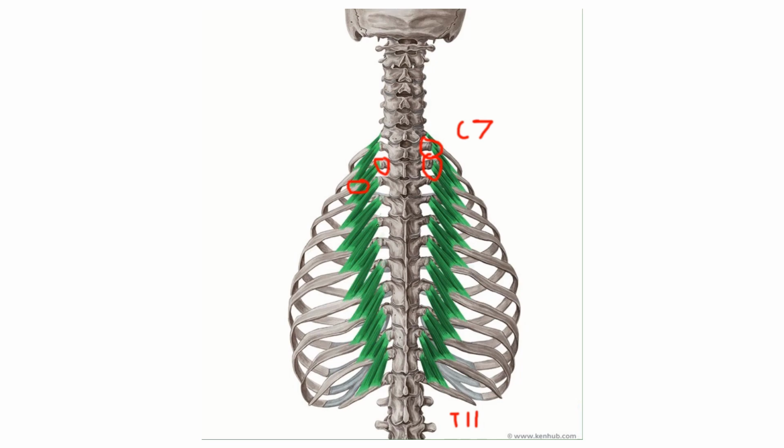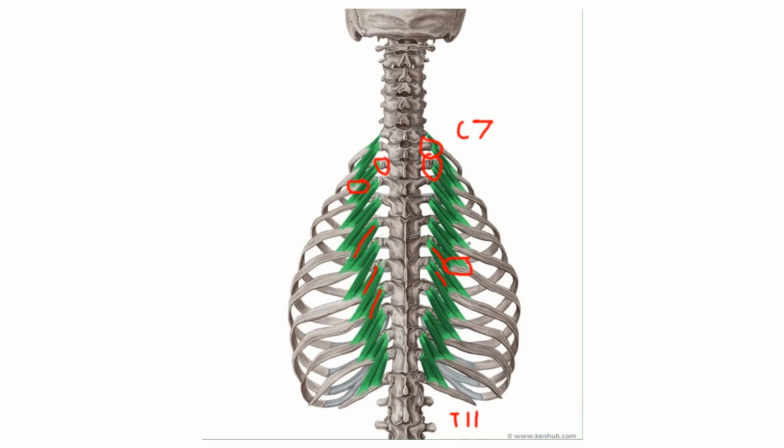So all these muscles, as you can see here, attach on subjacent ribs. They are all attaching to the ribs which are situated below them. And as they are mainly attaching on the upper border of the rib, you can see a rule here.